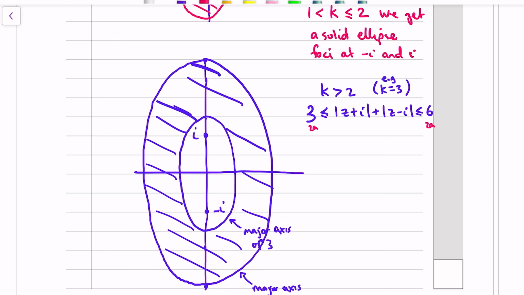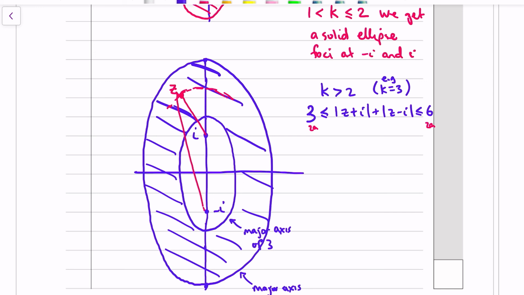If I pick a value z, say, inside that region, the distance from z to i plus the distance from z to minus i, when we add those distances, we're going to get a number that lies somewhere between 3 and 6, because that is a particular ellipse that has a major axis between the numbers of 3 and 6.